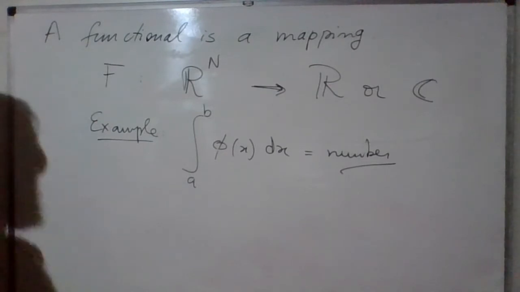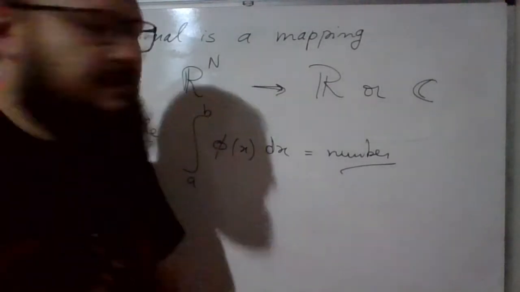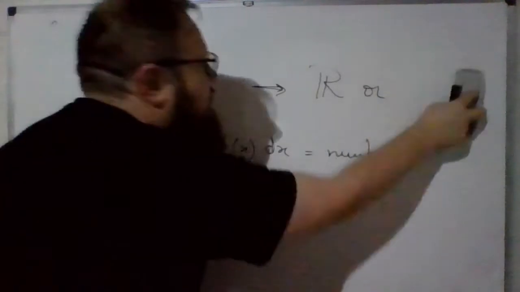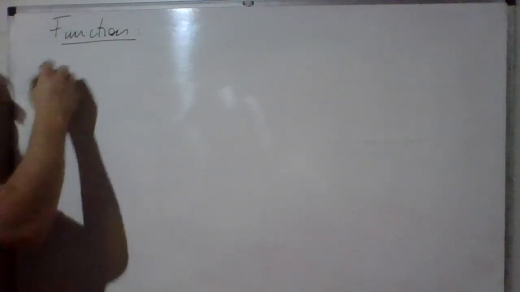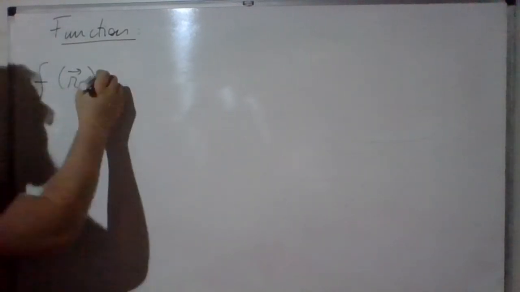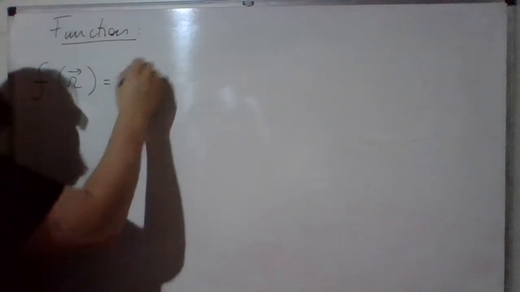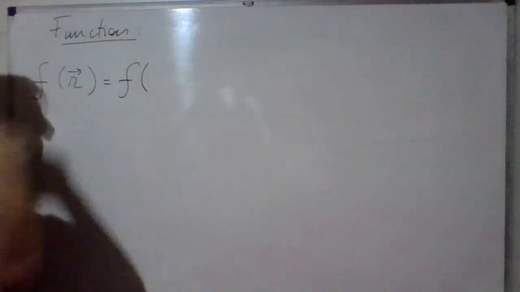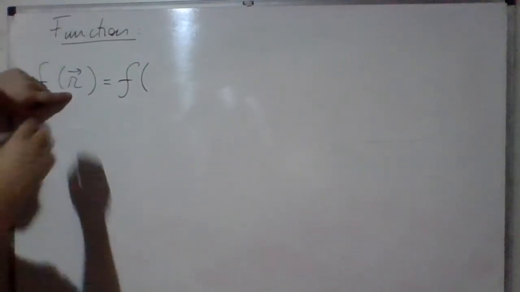Okay, but I'll try to give you a more intuitive way of thinking about functionals. So let us consider a function. Suppose you have a function of a vector r. This function depends on the number of dimensions of this vector here.